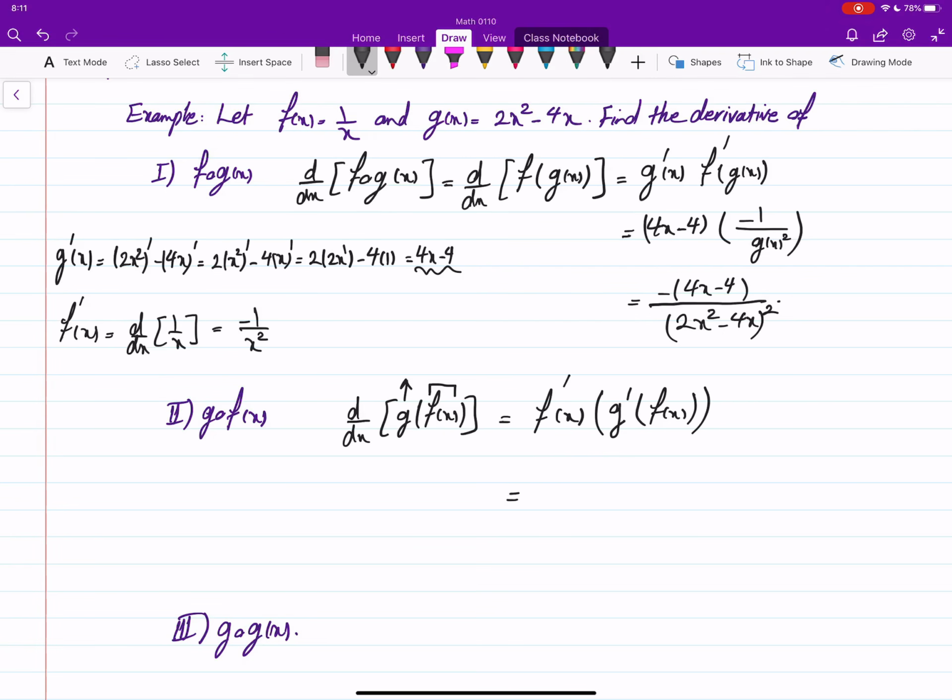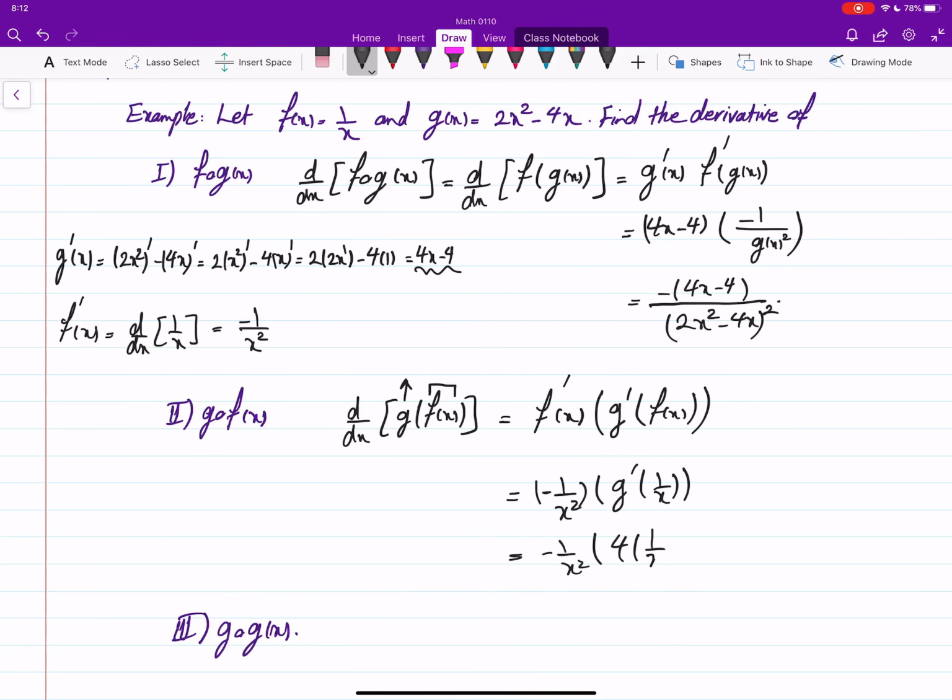f prime is negative 1 over x squared times g prime evaluated at f(x). Well, g prime is 4x minus 4, but instead of x you have f(x) there.